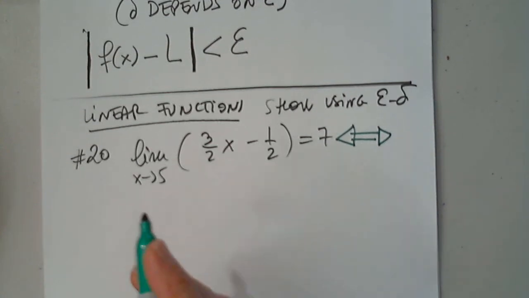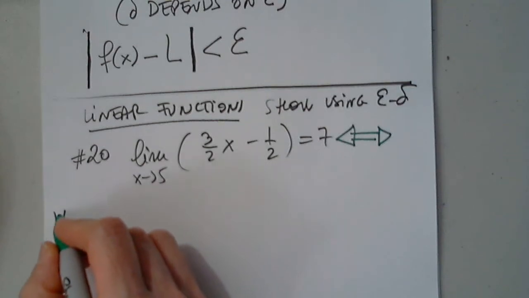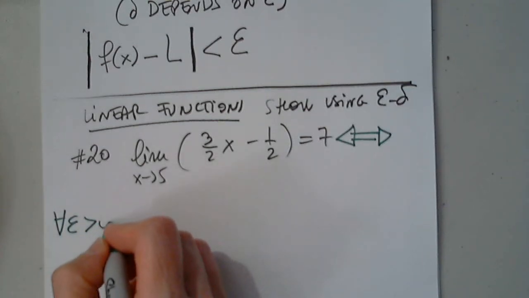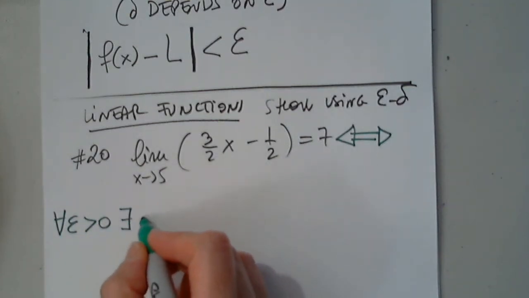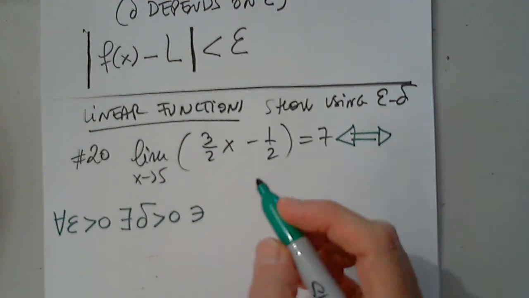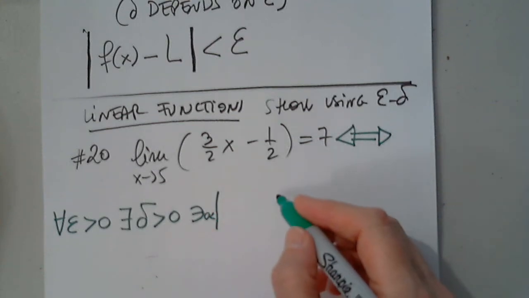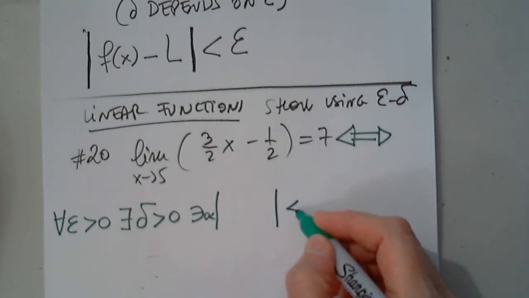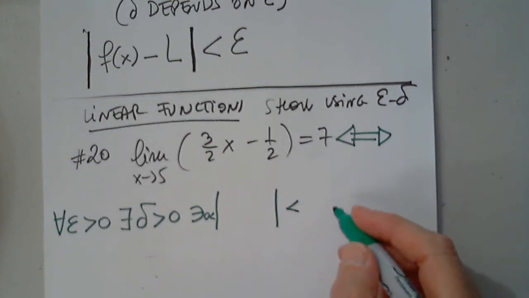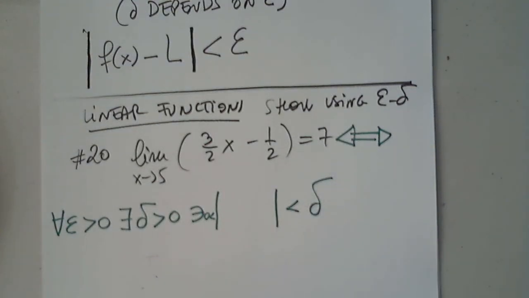And we have to write the definition either in words or in symbols. It's up to you. For every epsilon positive, I will find a corresponding delta positive such that, what do I write in here? Let's think for a moment.